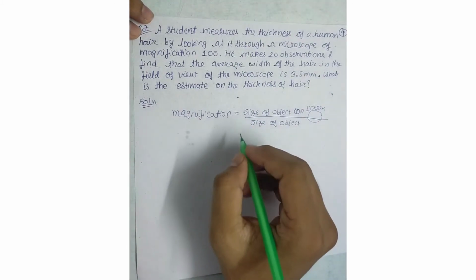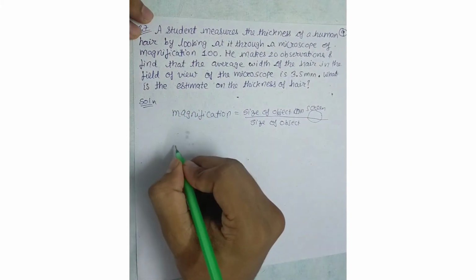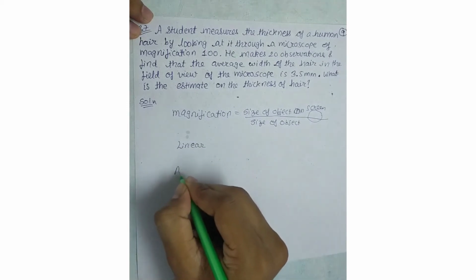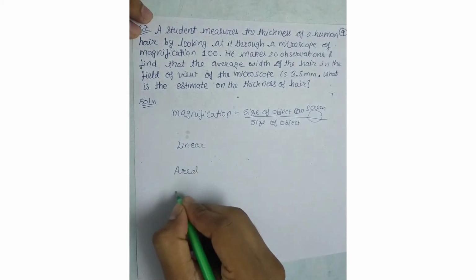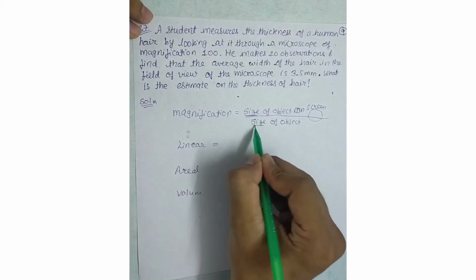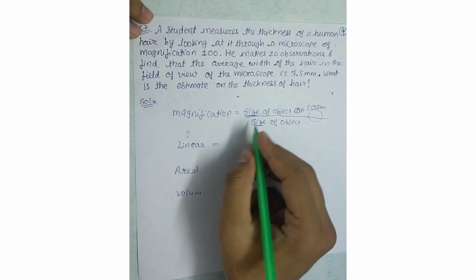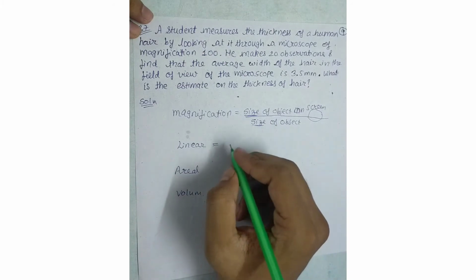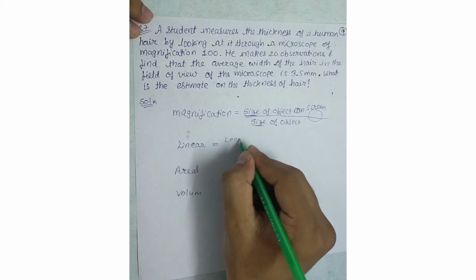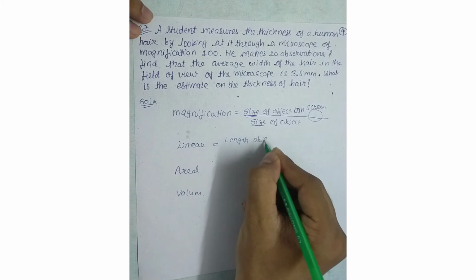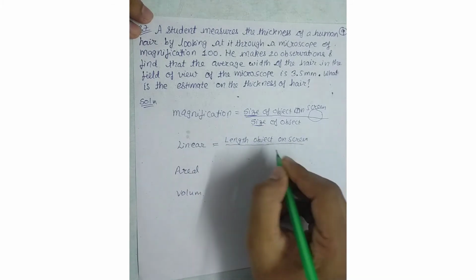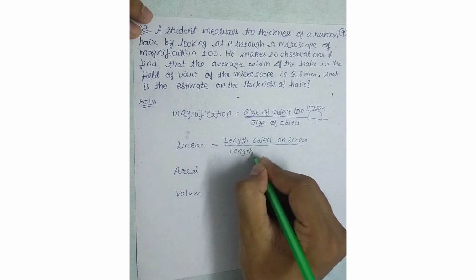Now this magnification can be extended into three terms: linear magnification, areal magnification and volumetric magnification. In linear magnification, the term size turns into the length of the object on screen divided by the length of the original object, that is the length of the object on screen divided by the length of the real object.